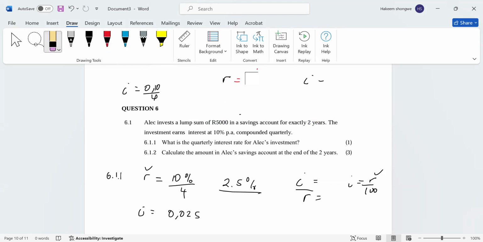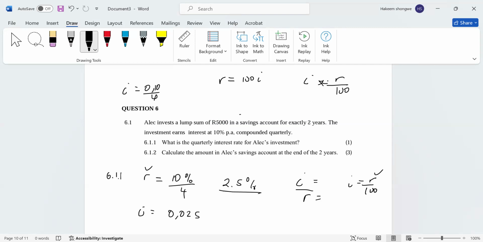Sorry about that. We're saying I is the one which is R all over 100. So it means R is going to be equal to 100 multiplied by I. We cross multiply here.